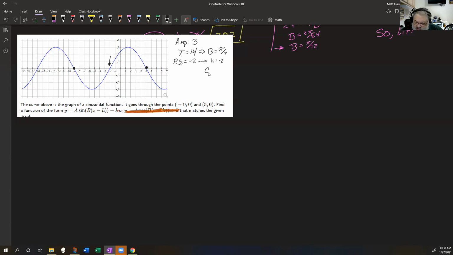Or our C would be the -2 pi over 7 if you wanted to do it distributed, but we can just build that by distributing it. So we'll just distribute it. Oh, and lastly, I suppose our lift or vertical shift is kind of the boring 0.